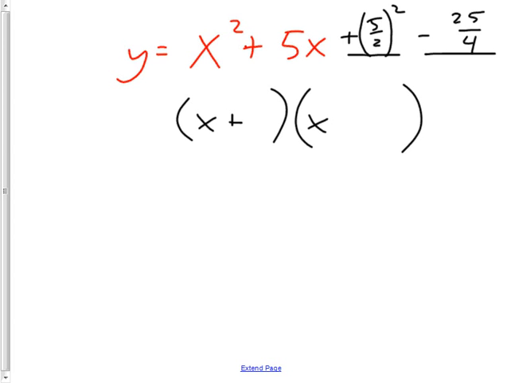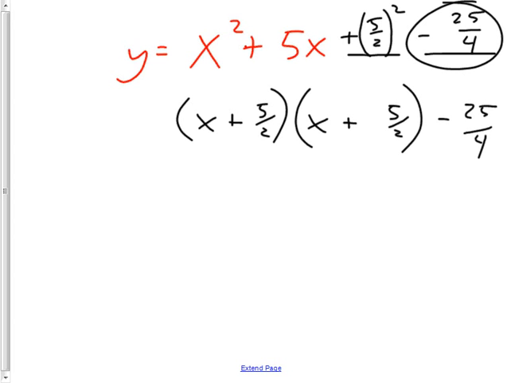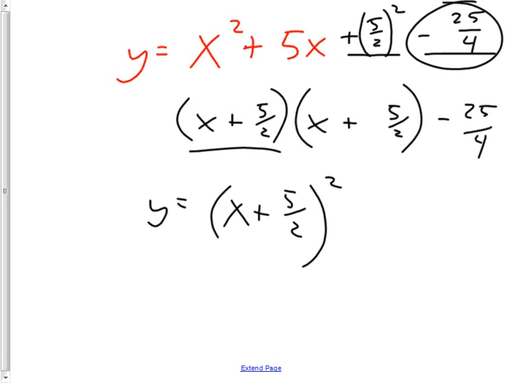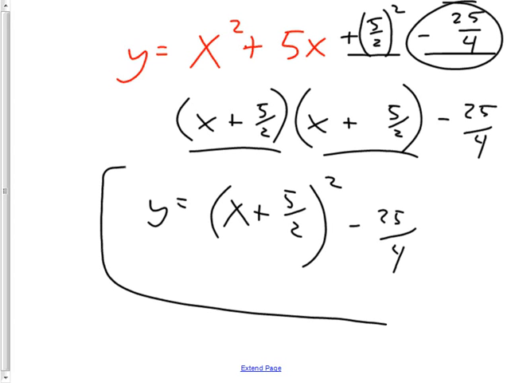Final answer. This part needs to be perfect. X, and plus, and what do I use? 5 over 2. And then what's my leftovers? That thing. So y equals x plus 5 halves squared, that's just putting this and this together, minus 25 fourths.